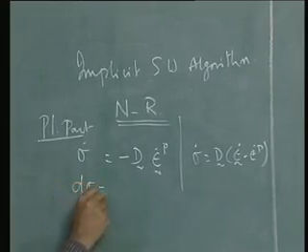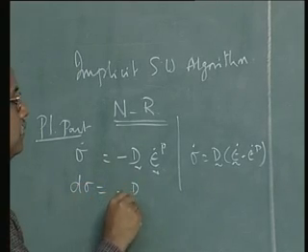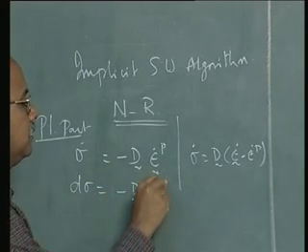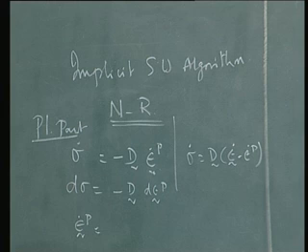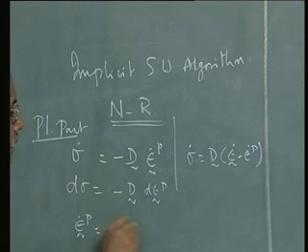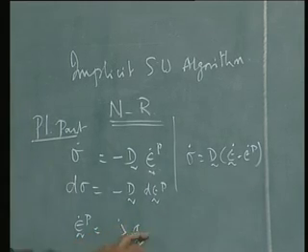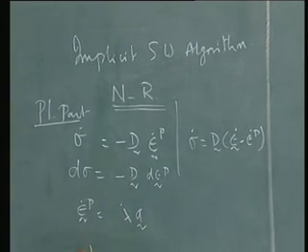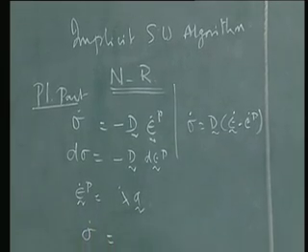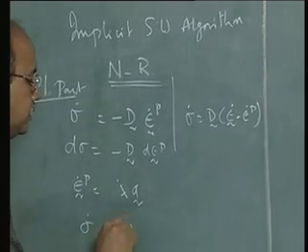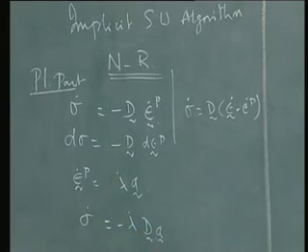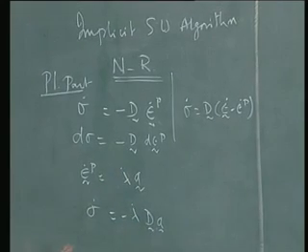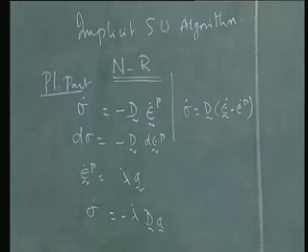But this can be written as minus D epsilon, okay? And we know that d epsilon p or epsilon dot p is equal to lambda dot a. Substitute it back into that expression so that sigma dot can be written as minus lambda dot D a. Very straightforward, there's no difficulty about it.